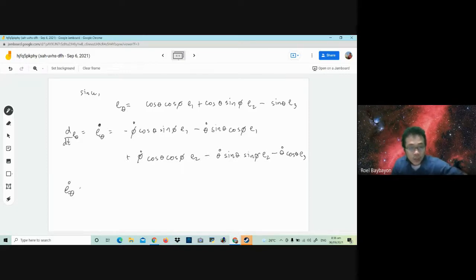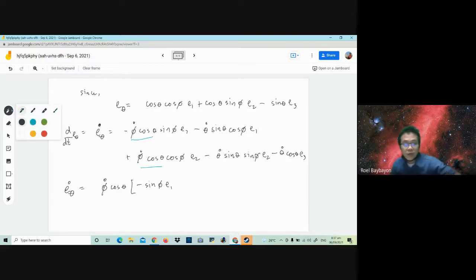My e theta dot can be reduced into this. If I factor out phi dot cosine of theta, what remains is minus sine phi E1 plus cosine phi E2.